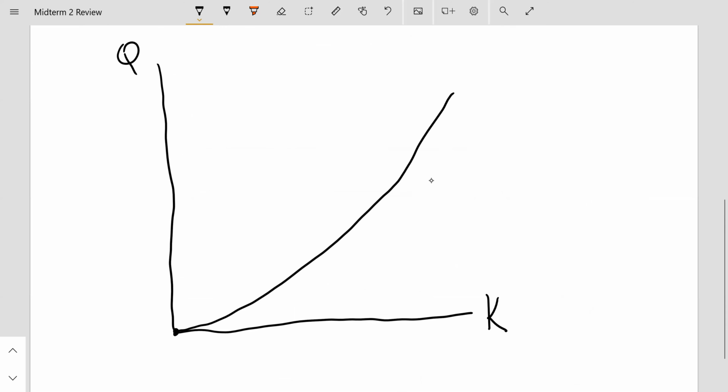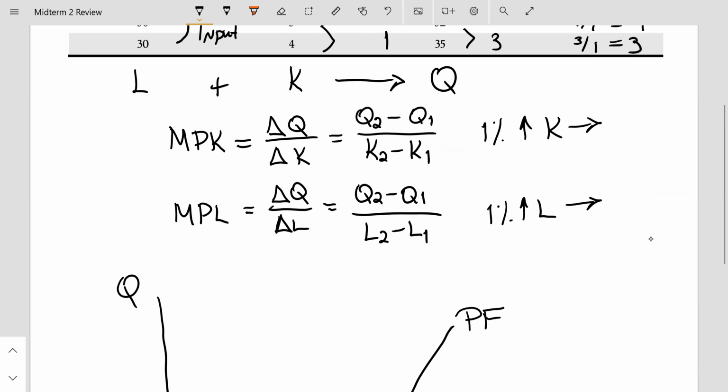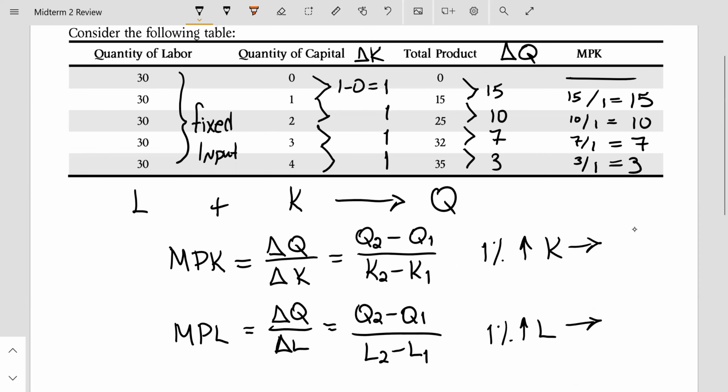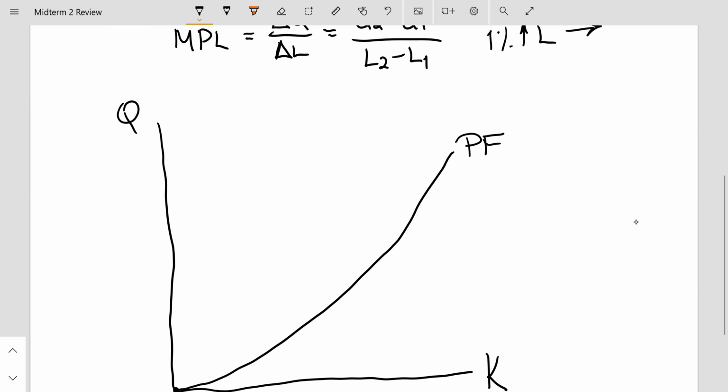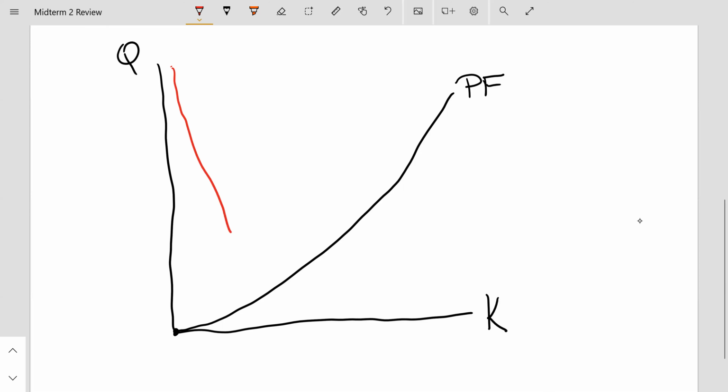Right? So this is your production function. And then what's going to happen is that these things are decreasing. So you first get some really large benefit, and then it decreases as you keep producing with more units of capital. And so this is the marginal production of capital.